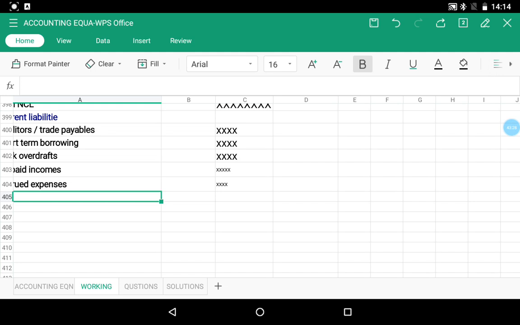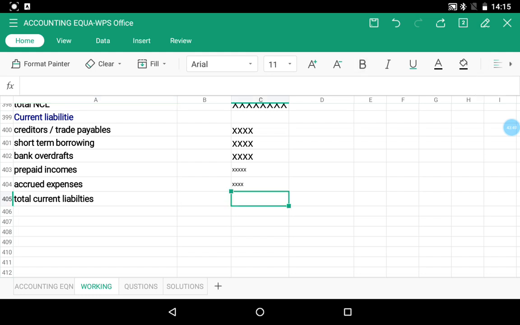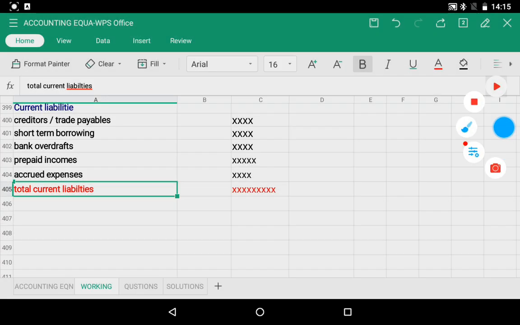Come and get your total current liabilities here. Yeah, so these are our total current liabilities.